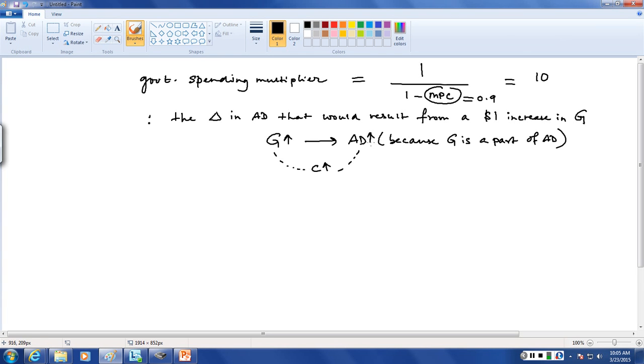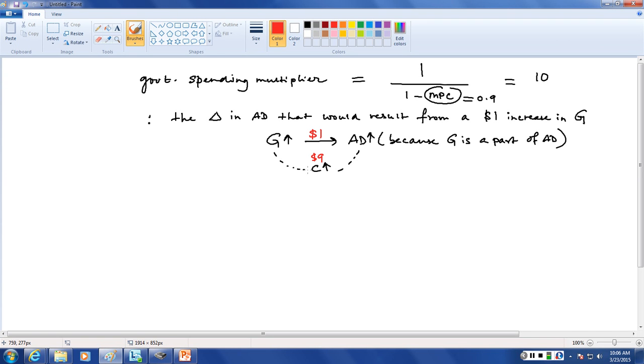Is that correct? That's the indirect effect, and what we've learned is that the indirect effect is much larger than the direct effect, at least theoretically, right? So if you have a multiplier of 10, then really this direct effect is only the $1 increase in government spending. The remaining $9 comes from an increase in consumption spending, making the total 10. This, of course, is with the MPC of 0.9.